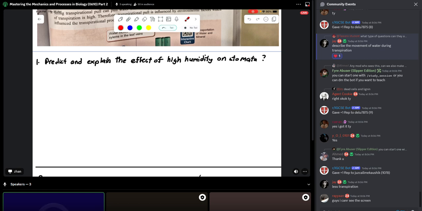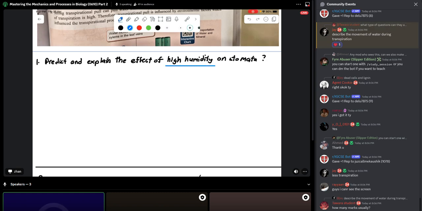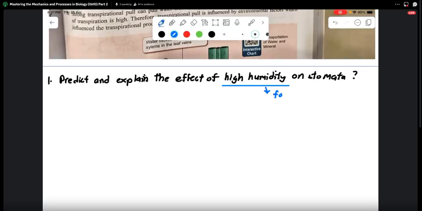So this question, when they mention high humidity, is referring to the factors that affect the rate of transpiration. So factors that affect the rate of transpiration. Okay, so one of the three factors, of course, is temperature, humidity, and also wind speed.